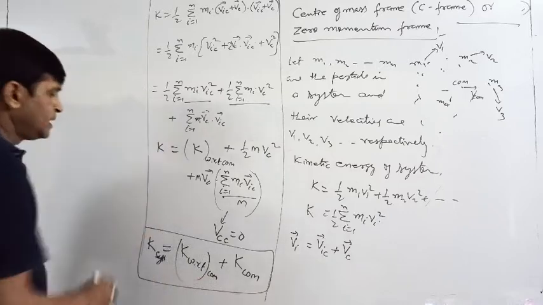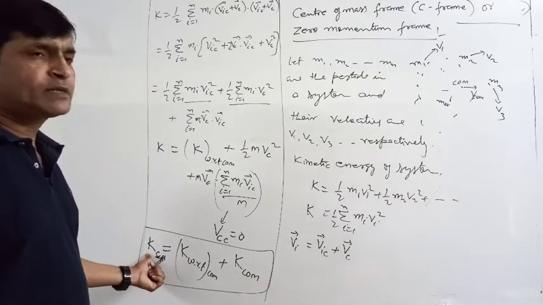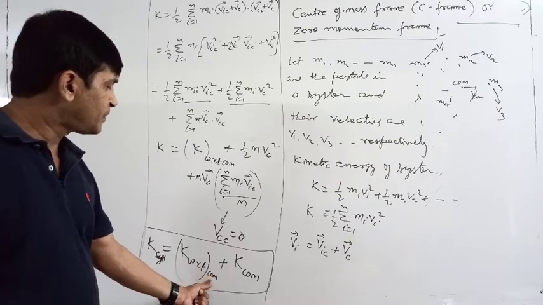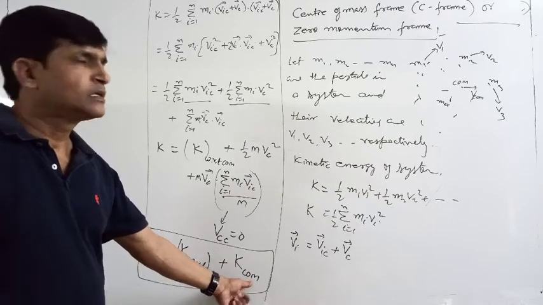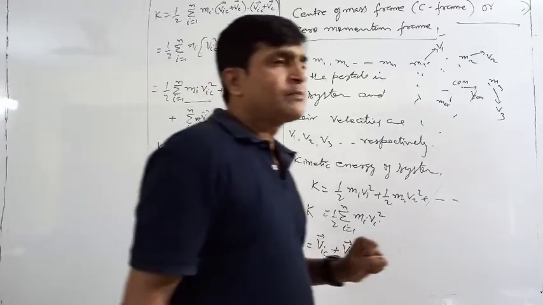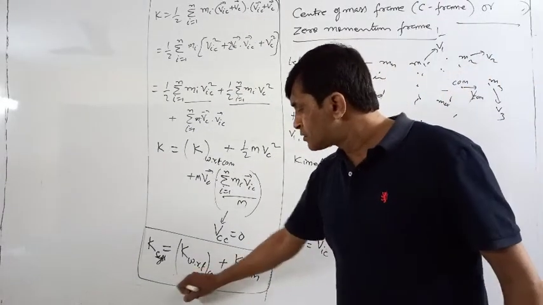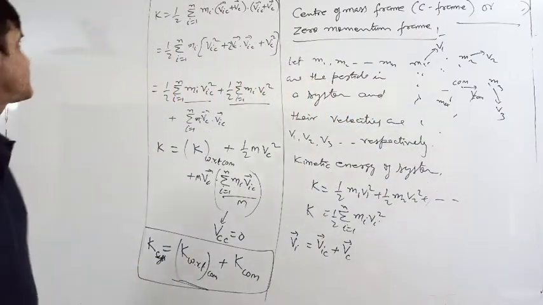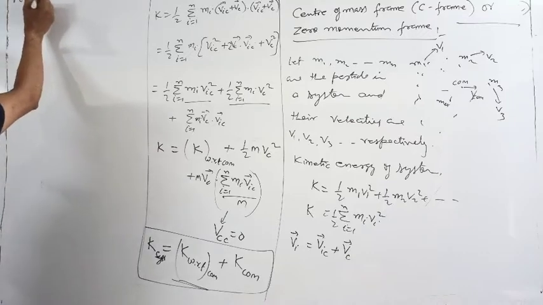So in terms of center of mass, the kinetic energy of the system is written as the kinetic energy with respect to center of mass plus the kinetic energy of center of mass. Now, normally we are solving problems based on two-particle systems. So I would like to write what is the value of this for a two-particle system.